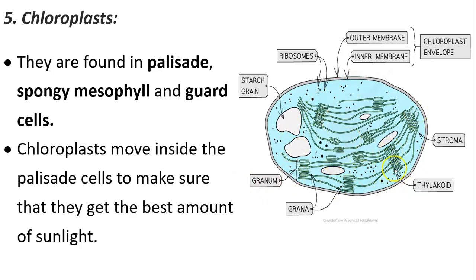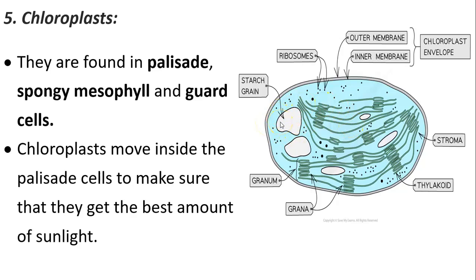The outside of the thylakoids, or the outside of the grana, we have a fluid that's called the stroma. So the stroma is the liquid that surrounds all the thylakoids. Swimming in this liquid, you will see ribosomes and starch grains. Why do I see starch grains?